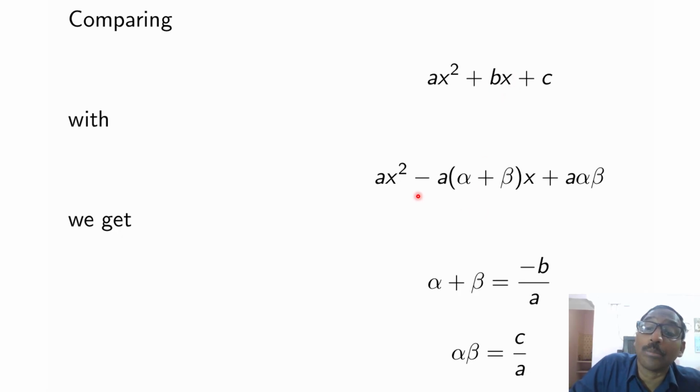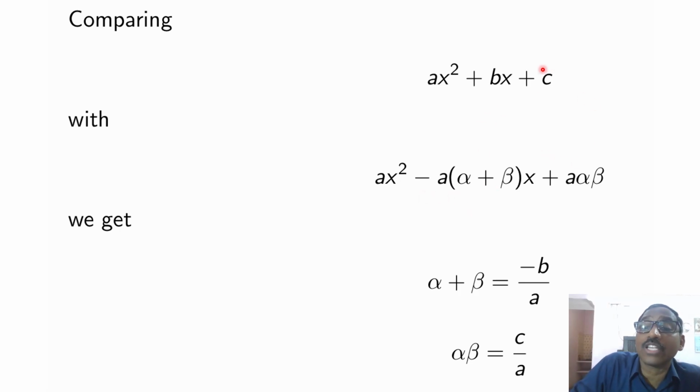So here it is minus a times alpha plus beta. After comparison I can write minus a times alpha plus beta is equal to b.